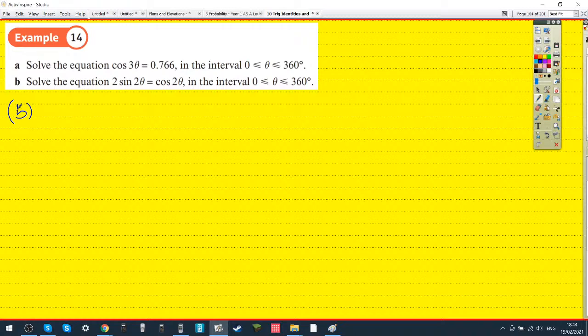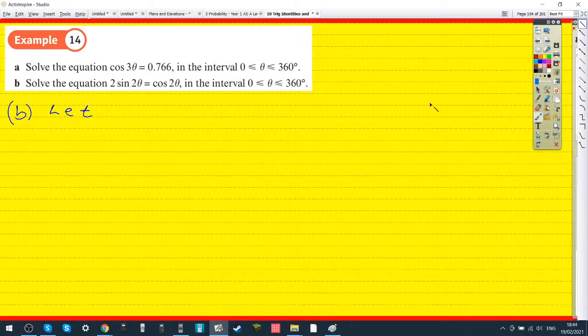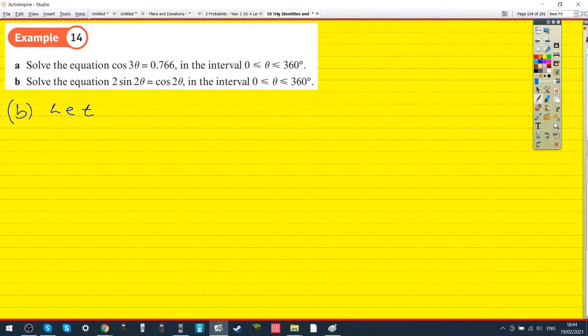Do you divide by cos on both sides? What's our let thing first? Are we doing A first? No, B. Let 2 theta be equal to A. You can call it B if you want.